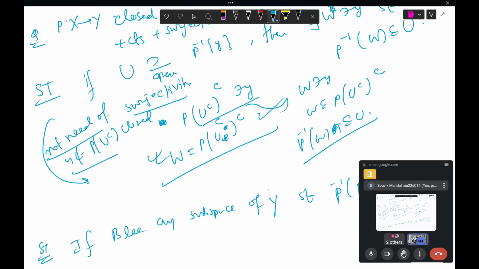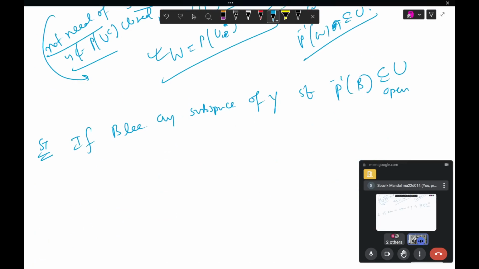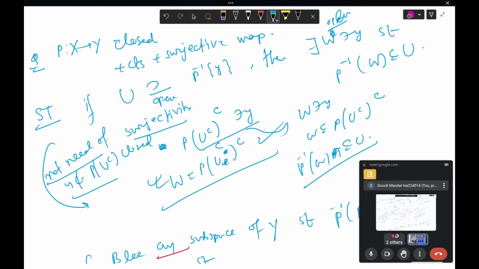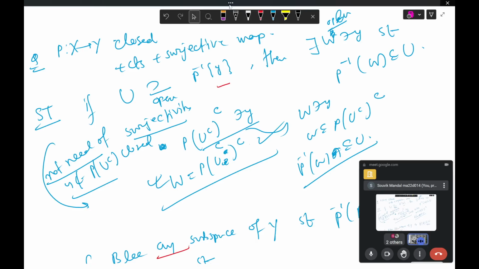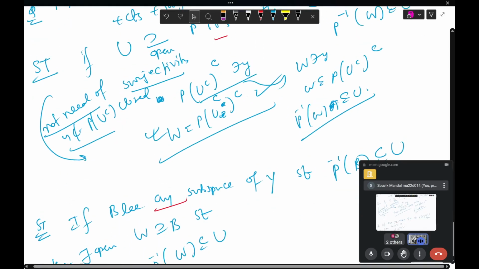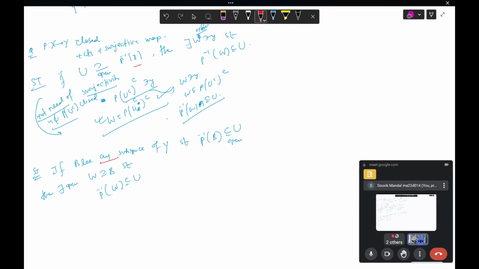So the small extended version of this is that if B is any subspace of Y such that P inverse B is contained in the open set U, then there exists an open neighborhood W containing B such that P inverse W is a subset of U. In the first problem it was a point, and in the new problem the point is replaced by some arbitrary set.